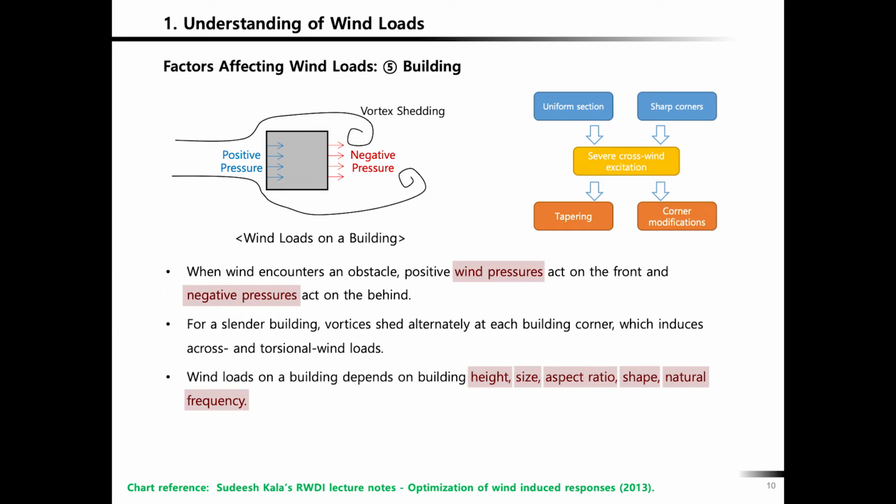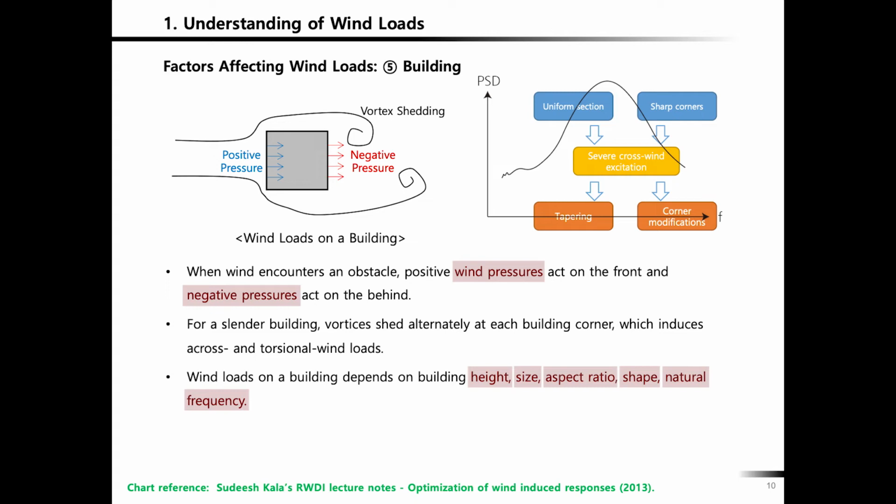Wind loads include components with a wide range of frequency, as you've seen in the previous slide. The frequency contents are more like this, and my drawing is just a rough sketch, okay?